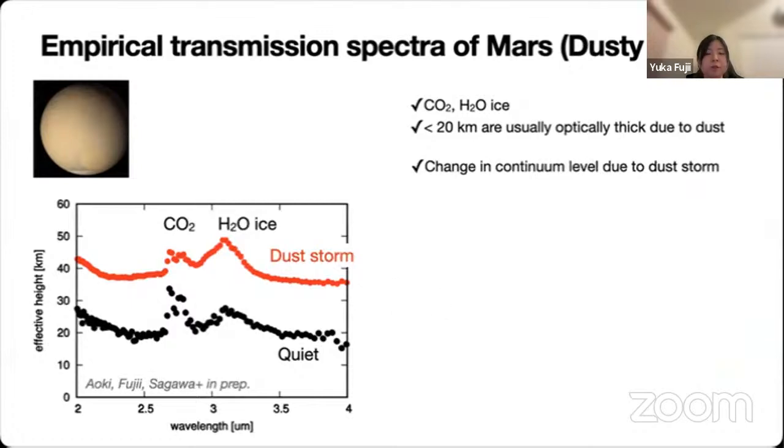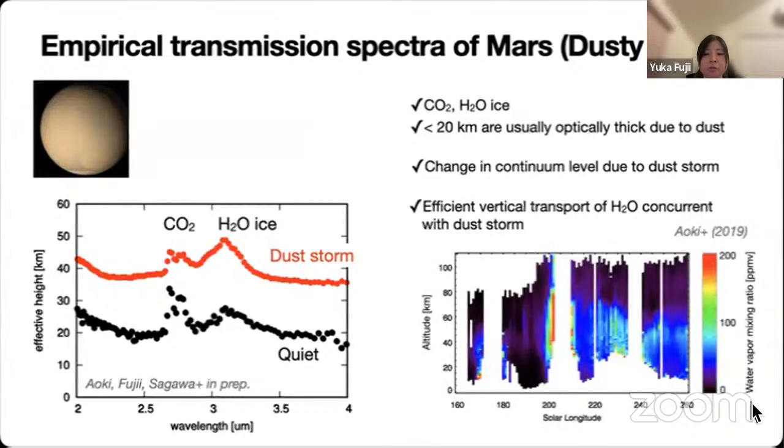And you can see the overall larger apparent size, or the larger effective height, of the atmosphere. And correspondingly, the CO2 feature becomes weaker. On the other hand, the H2O ice feature actually becomes larger. And this is related to the vertical transport of H2O that becomes more efficient during the dust storm, as pointed out by Aoki et al. 2019.